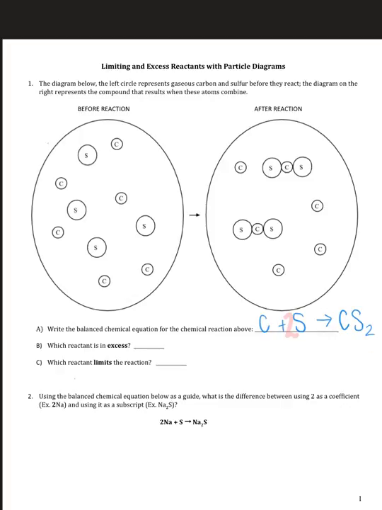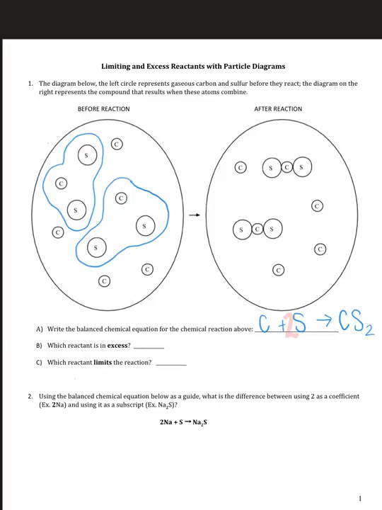Okay, so I'm going to do that. I'll grab a blue pen. So 1 carbon for every 2 sulfurs. Looks like I can do that again. 1 carbon for every 2 sulfurs.